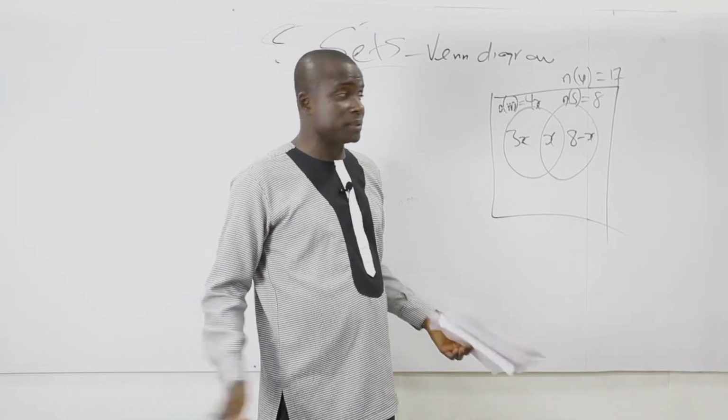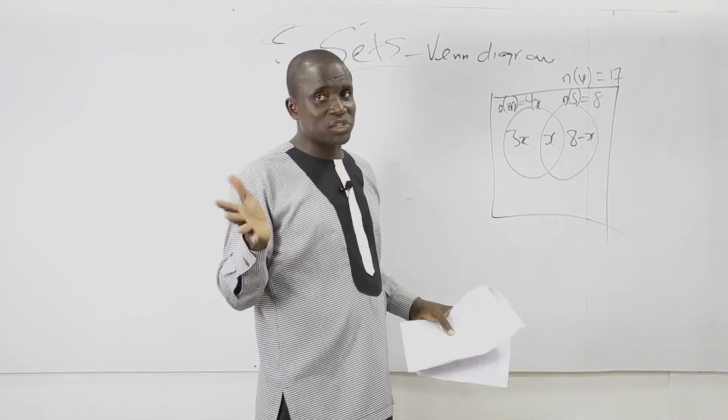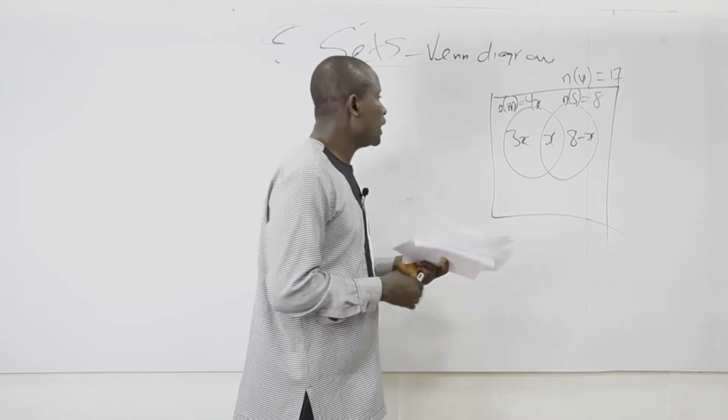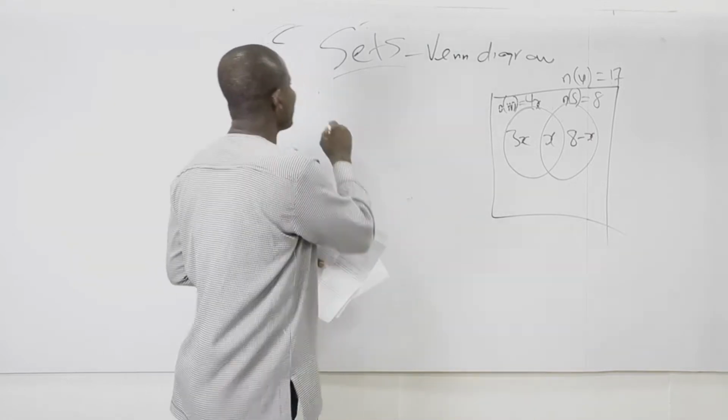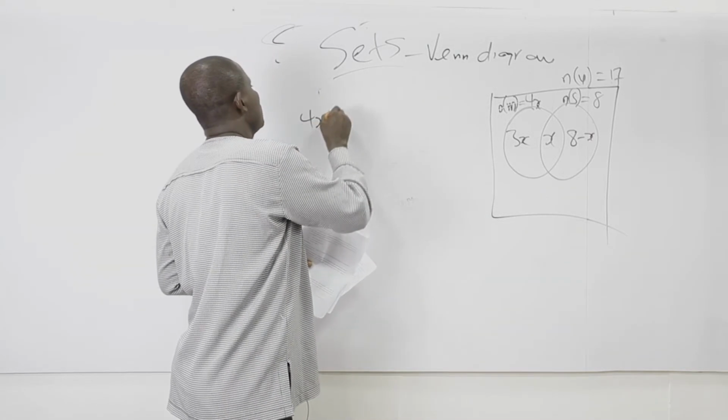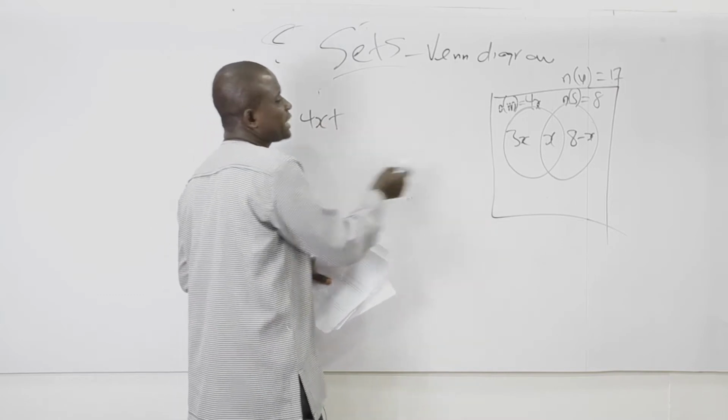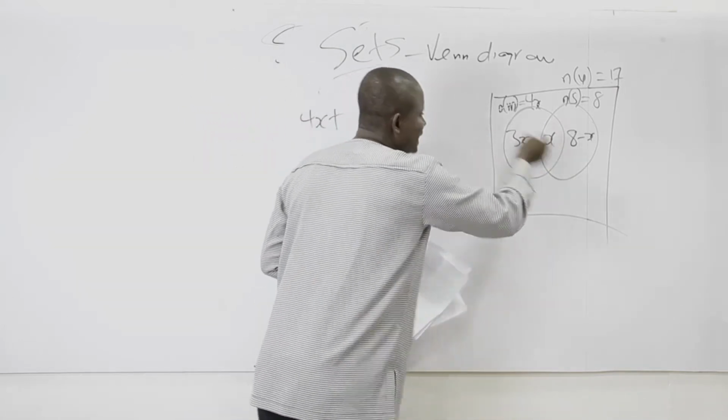The trick is there are two ways I can solve for x. I can just write 4x plus 8 minus x is equal to 17, because once I write 4x, I will not write anything inside this circle again.